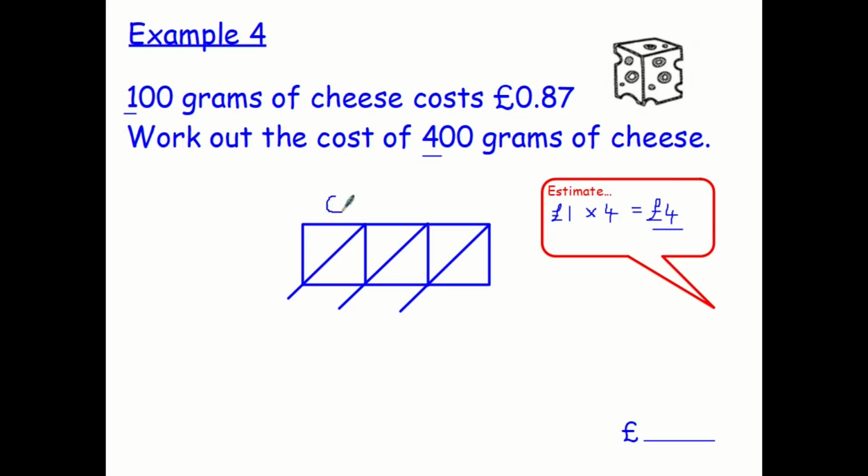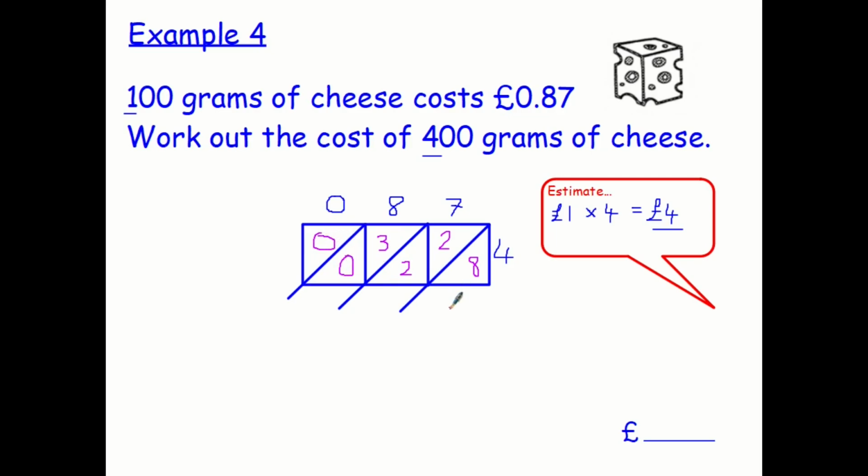So I'm going to put 0 here, 8, 7. And I'm going to multiply it by 4. And let's do the multiplication. 7 times 4 is 28. 4 times 8 is 32. And 0 times 4, well, anything times 0 is just 0.